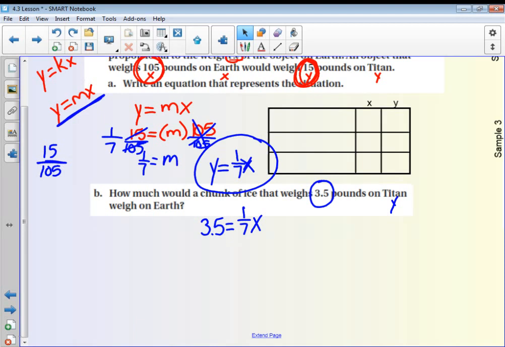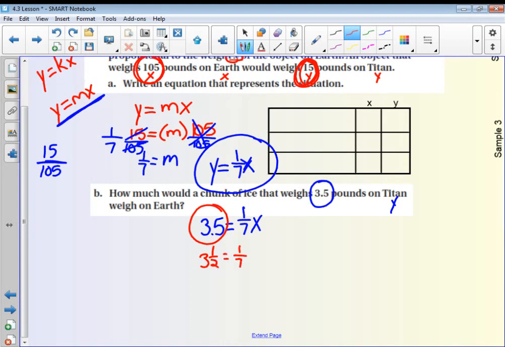Now, if you know how to use your calculator to be able to multiply and divide and isolate that 1/7 using parentheses, you could go ahead and plug it in that way because I'm not checking your multiplication and division skills. I'm checking to see if you can solve for x. So I'm going to go ahead and convert instead this to a mixed number to begin with. So that would be 3.5 equals 1/7 x.